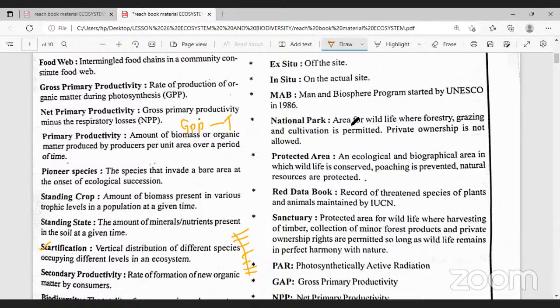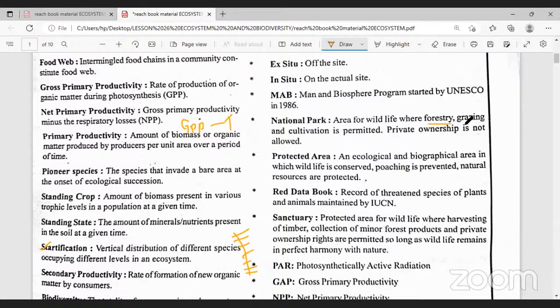See this one: an area for wildlife where forestry and grazing are permitted but private ownership is not allowed. Private people will not be allowed as owners. It is only for government undertaking. Such an area with wildlife, whether plants or animals, is called a national park.